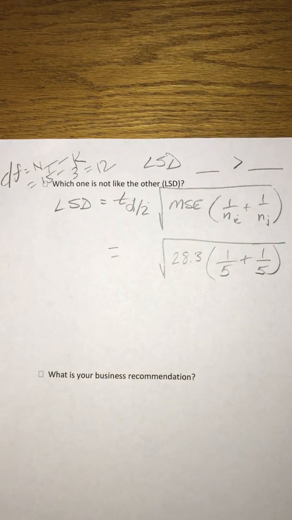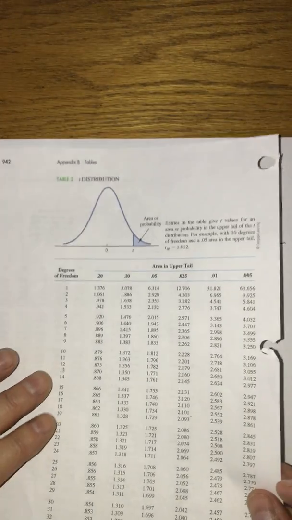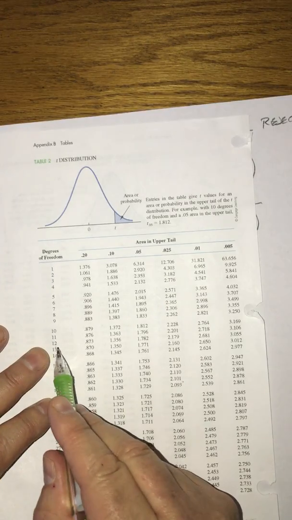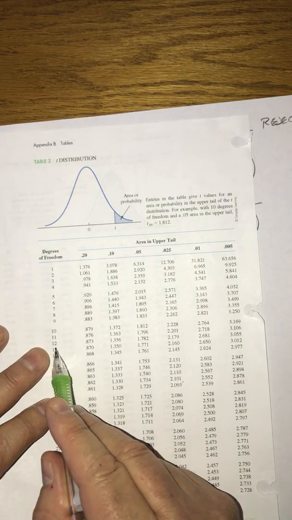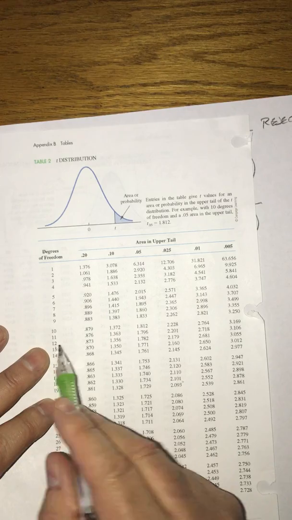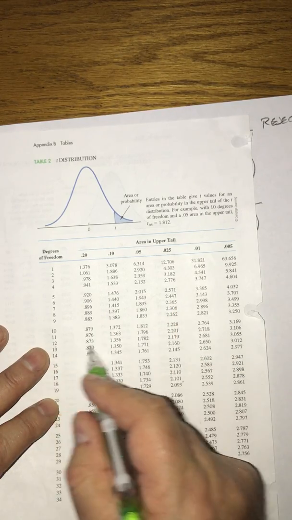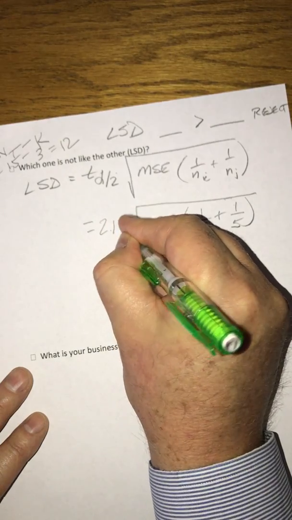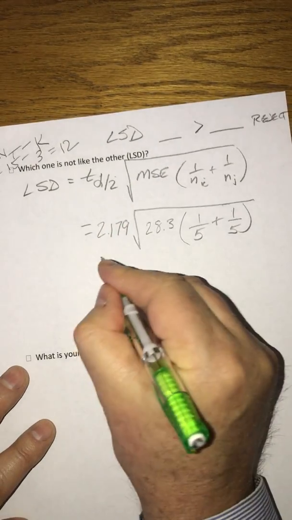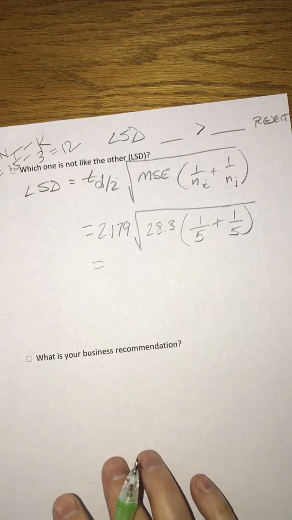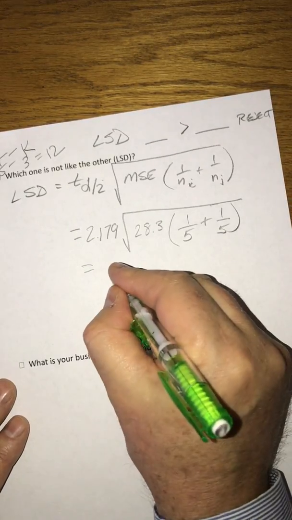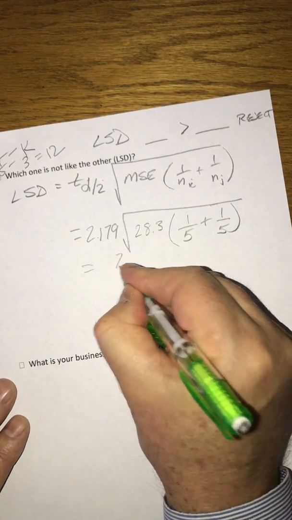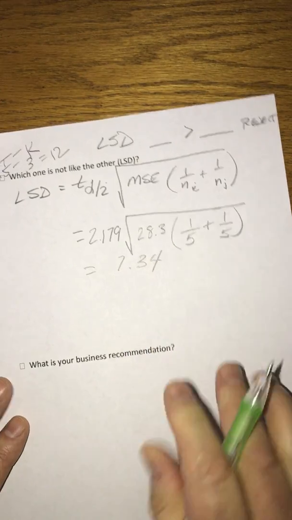Back here to our T table. And like we've done hopefully many times at this point, 0.025 and 12, 2.179. You run that into your calculator, and you're going to get a value of 7.34.